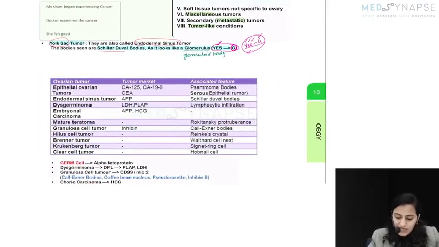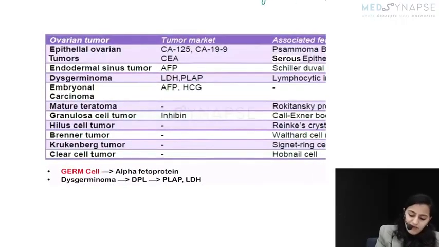So that was about classification. Coming to the tumor markers and the bodies. CA125 is your marker for which tumor? Epithelial, germ cell? Epithelial.